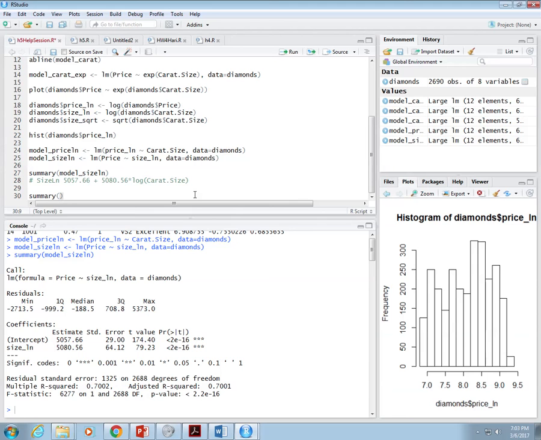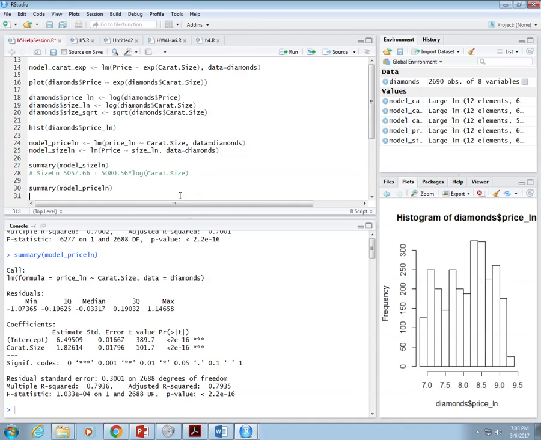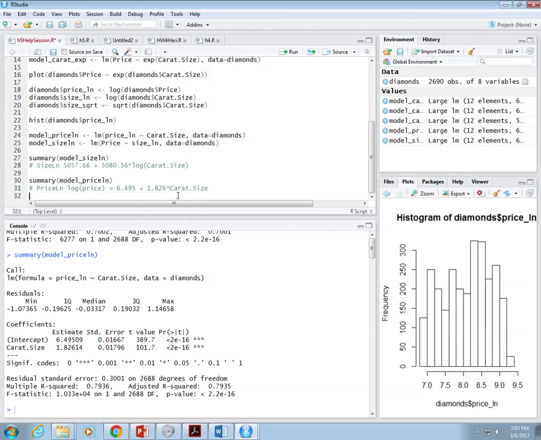For price ln, we'll have the log of price is equal to 6.495 plus 1.826 times carat size. And the transformation for that will just be that the price is equal to exponentiated this.